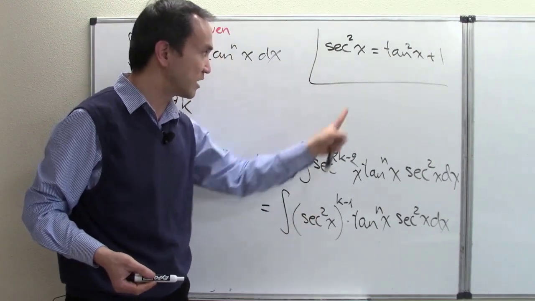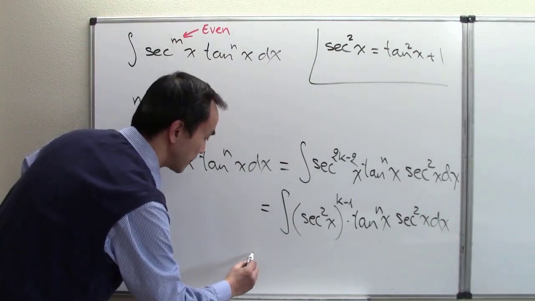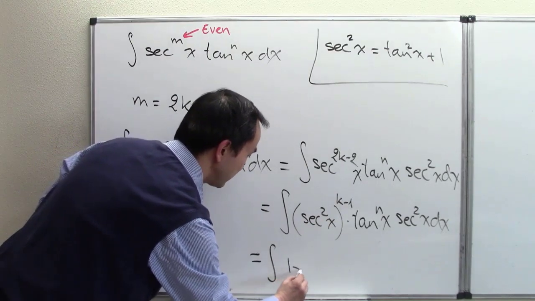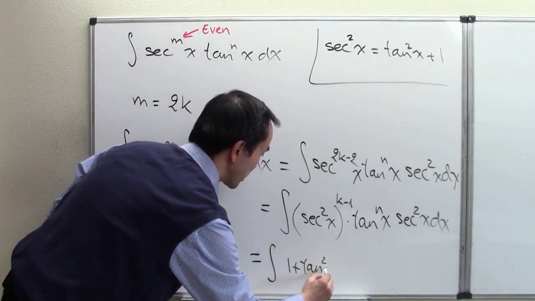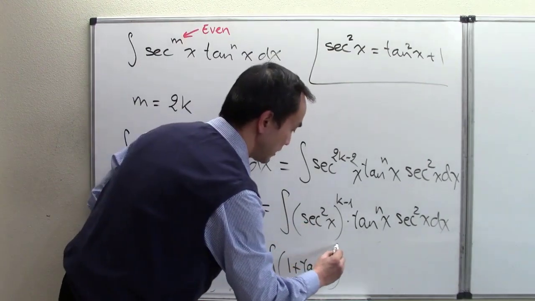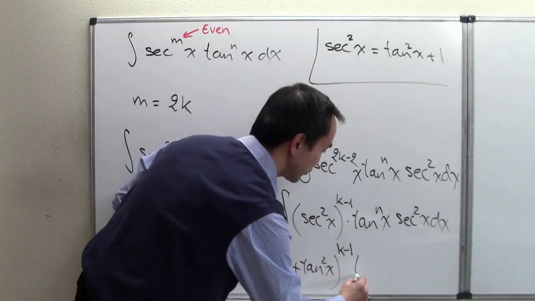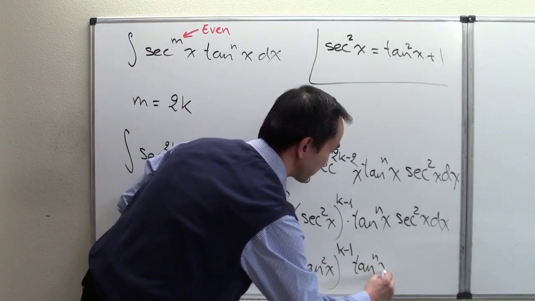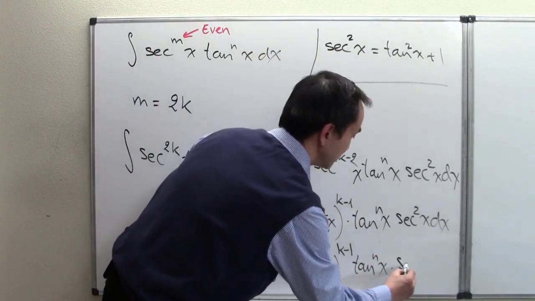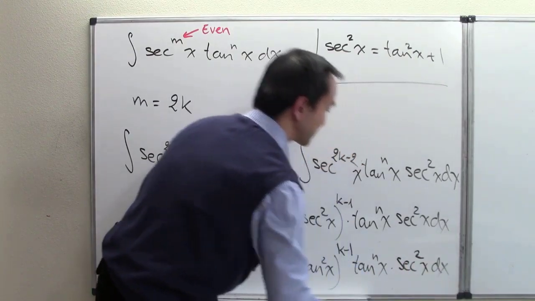So in the next step, the integral becomes 1 plus tangent squared of x, substituted for the secant squared of x, in a quantity raised to the power k minus 1. And we have an additional tangent to the n of x from the previous step, and we have the extra secant squared of x dx.